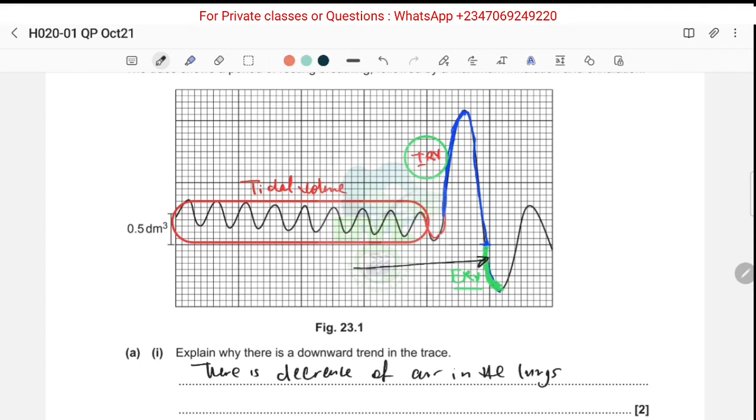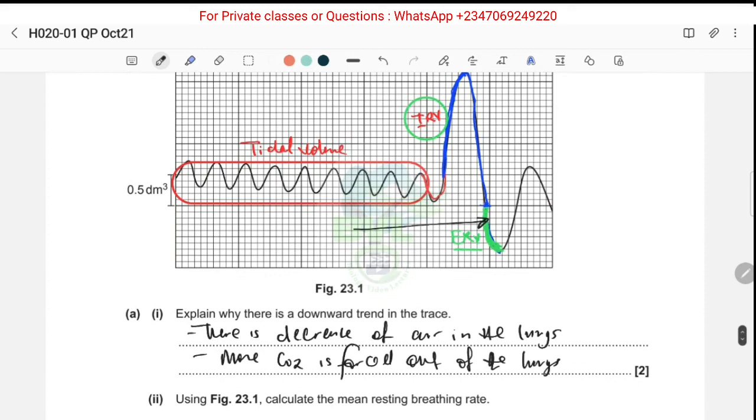You can say more carbon dioxide is forced out of the lungs because it's extra air the person is forcing out.